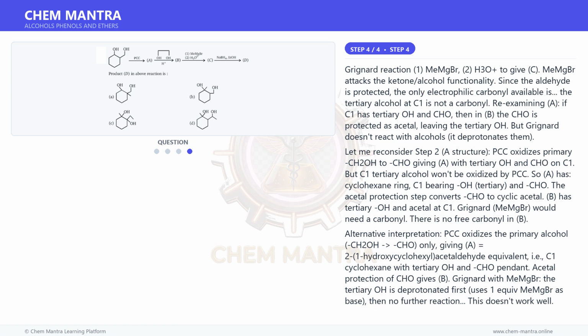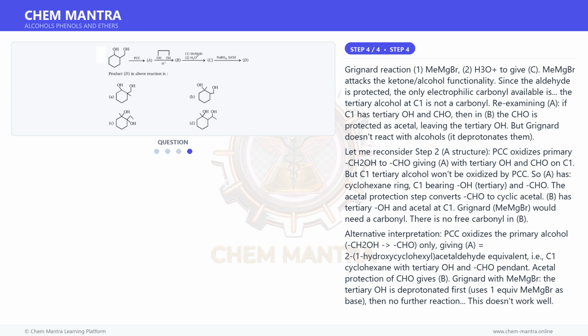So, A is 2-formylcyclohexan-1-one. Ethylene glycol and H+ selectively protect the more reactive aldehyde or ketone. Typically aldehydes are more reactive. So acetal formation at the CHO gives B, the 2-(1,3-dioxolan-2-yl)cyclohexan-1-one, ketone free, aldehyde protected.